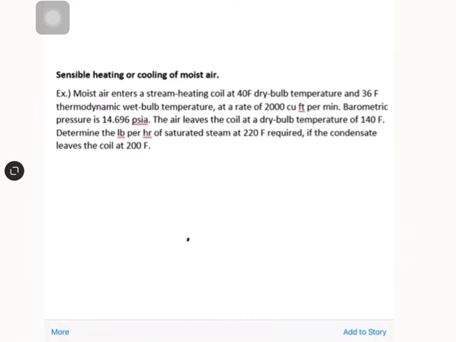Barometric pressure is 14.696 psia. The air leaves the coil at a dry bulb temperature of 140 degrees Fahrenheit. Determine the pounds per hour of saturated steam at 220 degrees Fahrenheit required if the condensate leaves the coil at 200 Fahrenheit.